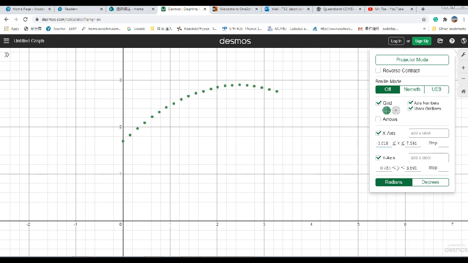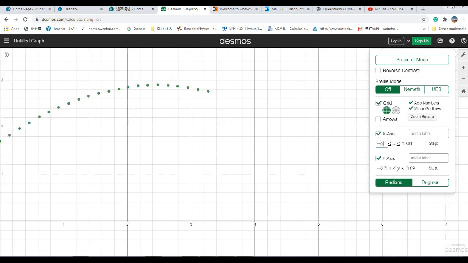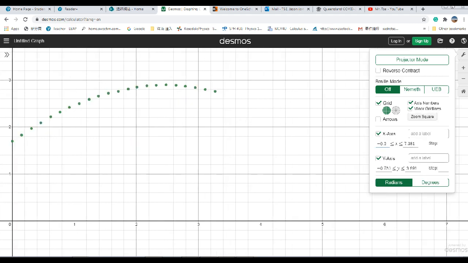For your graph, we see that the range of x should be greater than 0 and less than 4, so let's do it from minus 0.2 to 4.